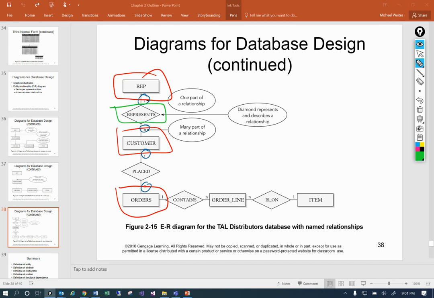In fact, maybe when you're looking at the database, they call the relationship something, because in a database you can actually name the relationships. Maybe they named it that, but they don't have to. That word represents is actually for our benefit. It's there to help us understand that a rep represents a customer, and a customer placed an order. And oh, by the way, key here on this one, I picked it out when I first saw this.